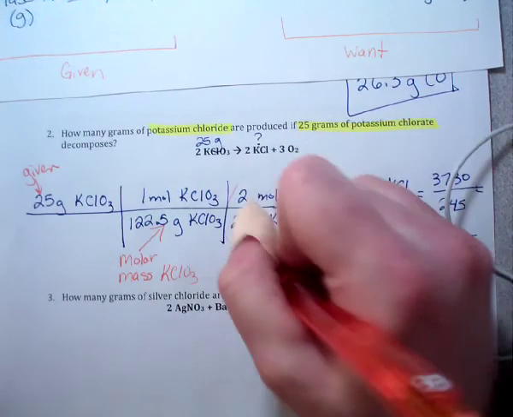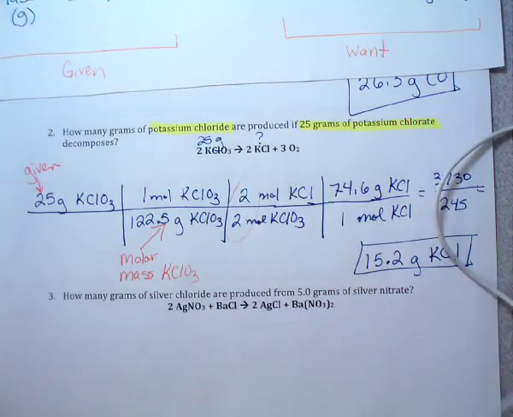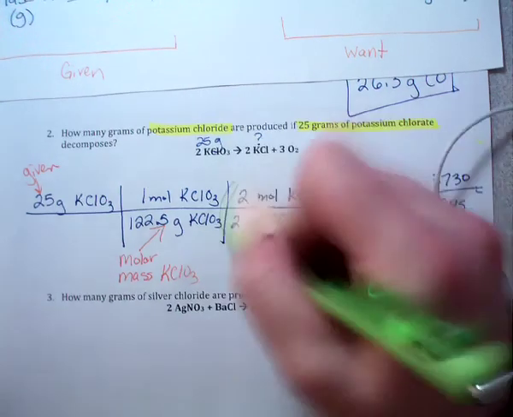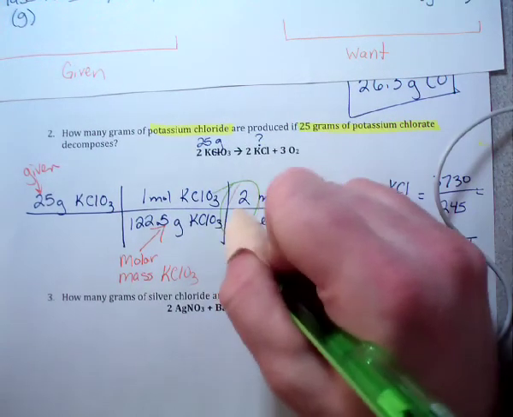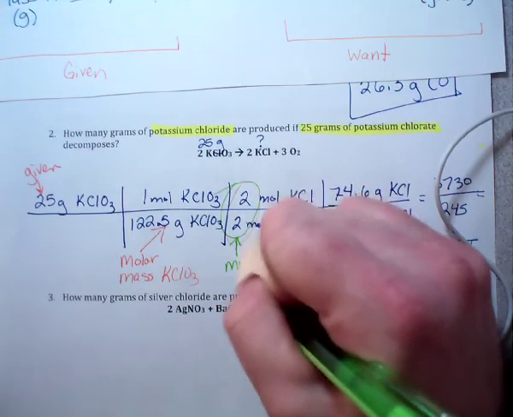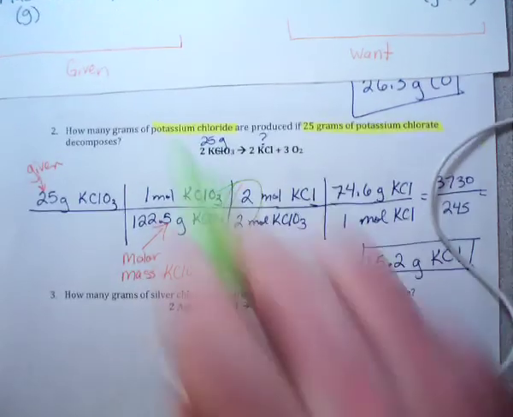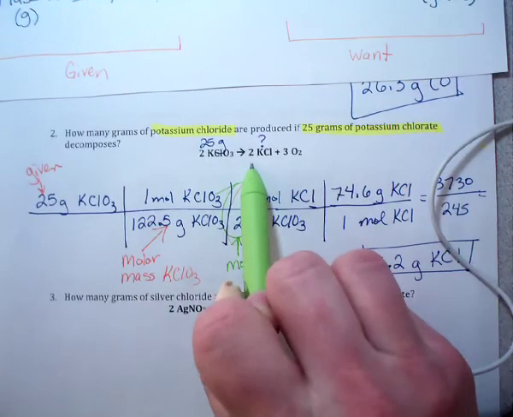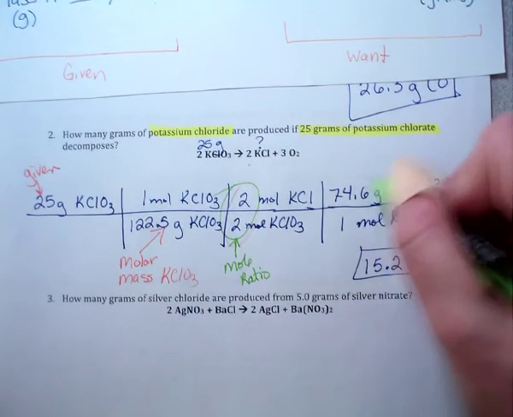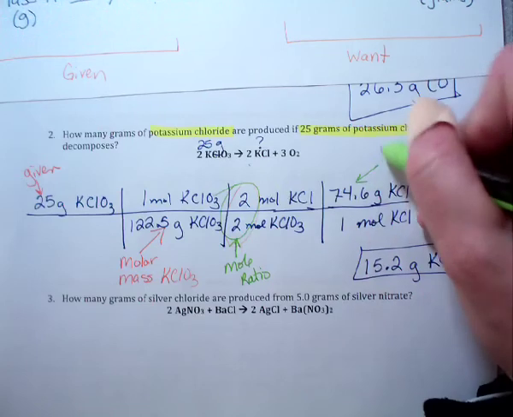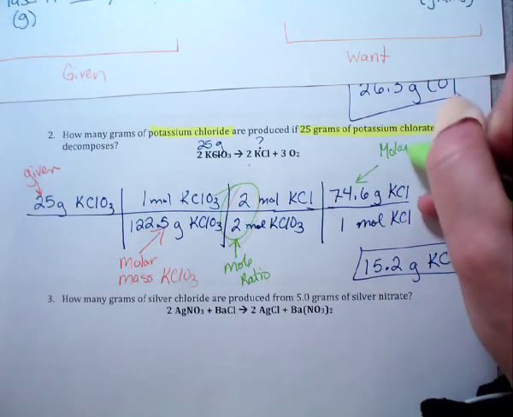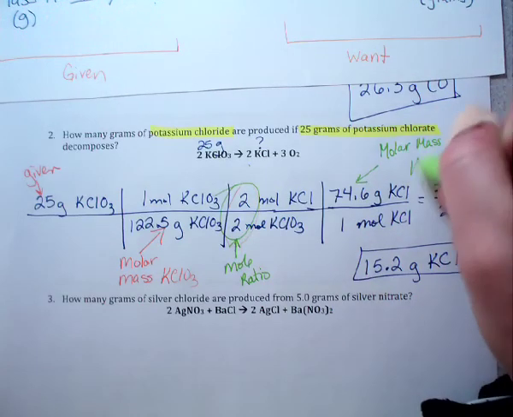The 2 and the 2 are my mole ratio, and I got those numbers from the coefficients in the balanced equation. And then finally 74.6 is the molar mass of KCl.